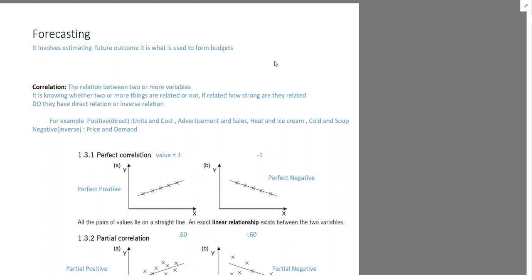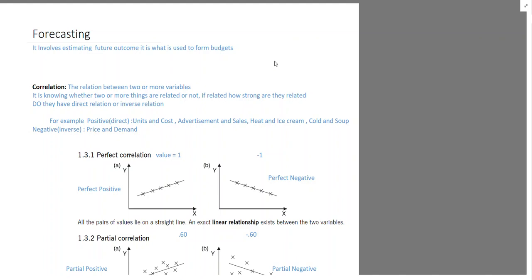That is called correlation. For example, if you want to know whether the sales of ice cream, let's say it is a product that you are selling, has a relation with temperature or not, that is called correlation.